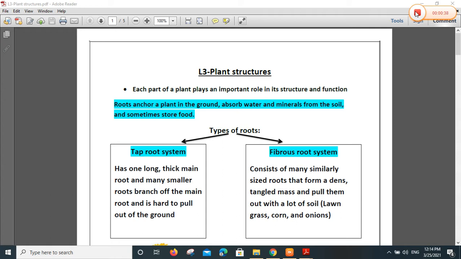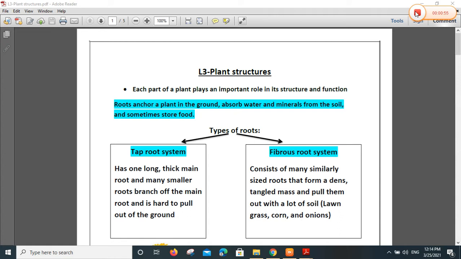In this lesson, we speak about types of roots. So we speak about plants with roots, like vascular plants. We mentioned in vascular plants, seed plants and seedless vascular plants, both of them with roots.